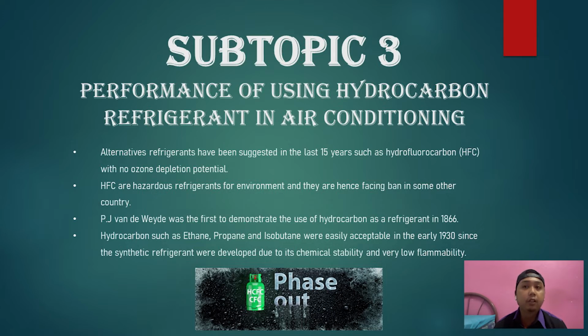P.J. van der Weydt was the first to demonstrate the use of hydrocarbon as a refrigerant in 1866. Hydrocarbons such as ethane, propane, and isobutane were easily accepted in the early 1930s since synthetic refrigerants were developed, due to their chemical stability and very low flammability.